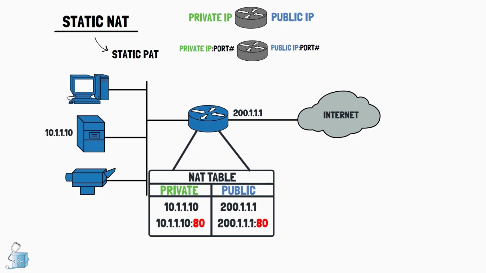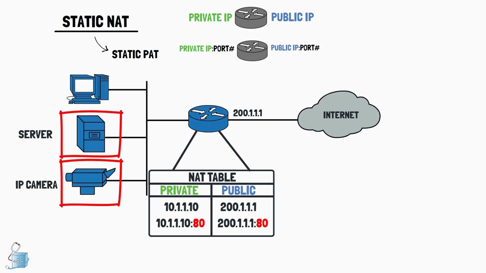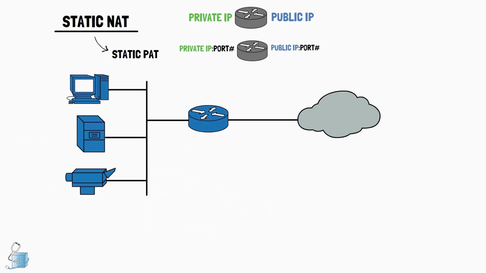This is often referred to in the industry as port forwarding. Now, static NAT or static PAT are typically used when you are hosting some sort of service in your private network and you need it to be accessible from anywhere on the public network. The most common example of that would be if you have installed IP cameras in your home and you need to access them from anywhere via the internet.